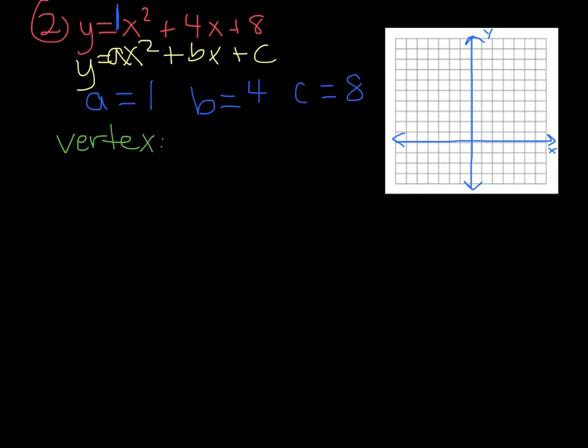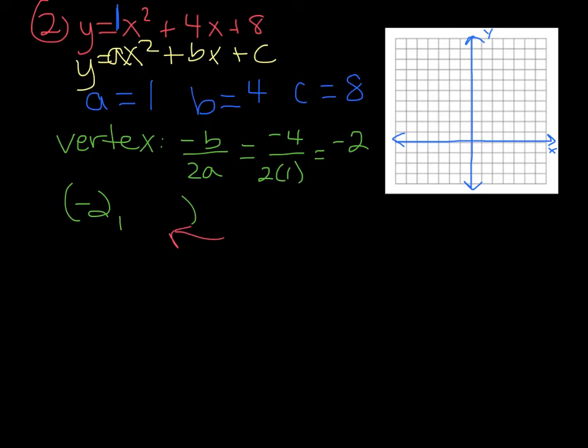Remember, the x-coordinate is -b over 2a. Which is going to be -4 over 2 times 1. When I work that out, I get -2 for my x-coordinate. To find the y, I need to calculate it out using this equation, y equals x squared plus 4x plus 8.